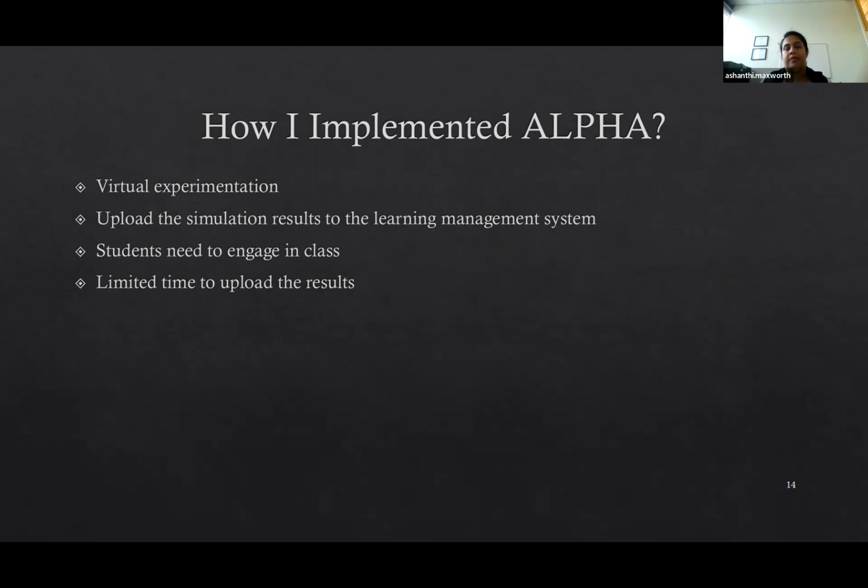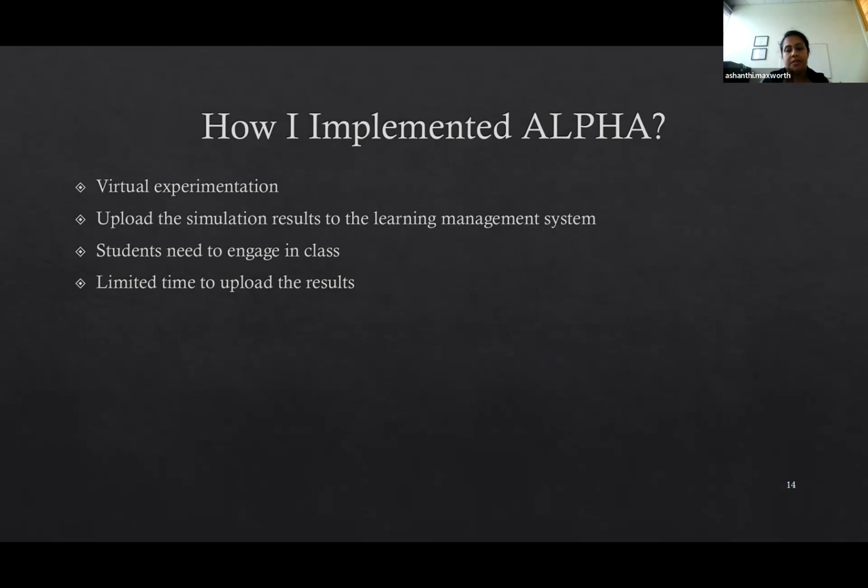They don't have infinite time to do that, because this is how I got the attendance, and this is how I made sure that they did the virtual experimentation together with me. While doing the simulation, I was also explaining things like, now change this parameter, now you will see the gain increasing.